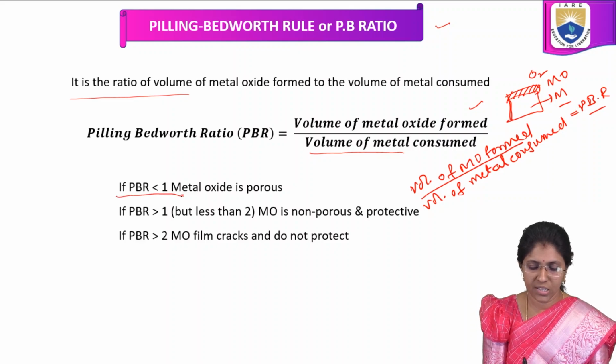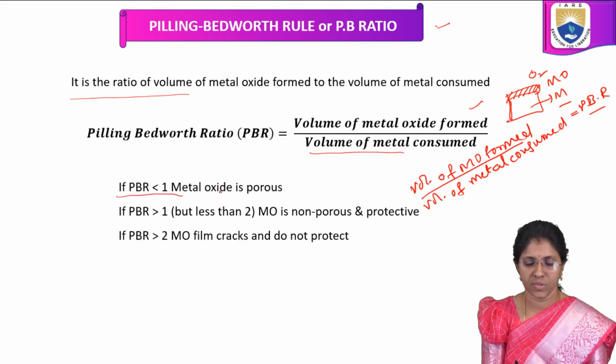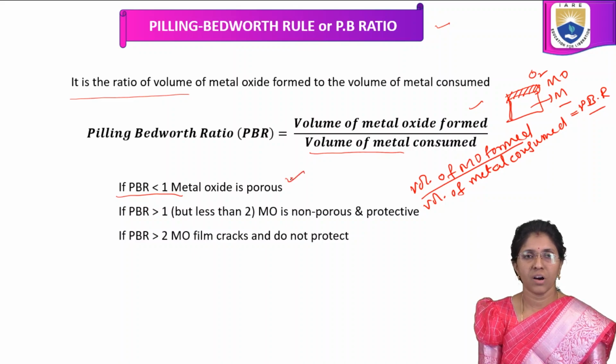If the PB ratio is less than 1, the metal oxide layer formed is porous.